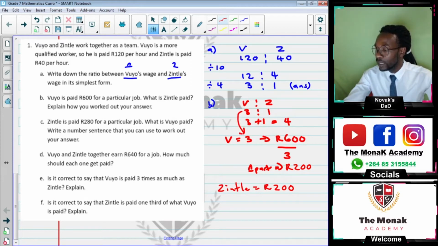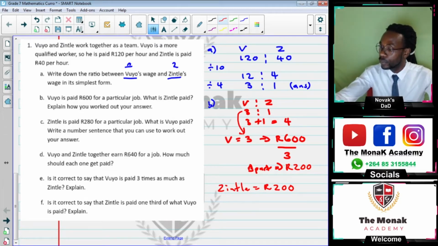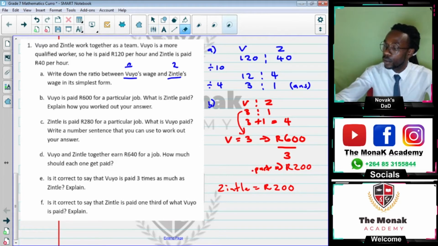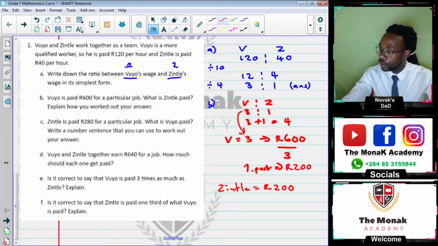Remember, ratio represents the portion the person is getting from the share. He's getting 3 parts out of the 4, which is equivalent to 600. So if we divide by 3, we will be able to know the value of 1 part. 3 into 600, you get 200. So since Zinhle got 1 part, it means he got the equivalent of 200.